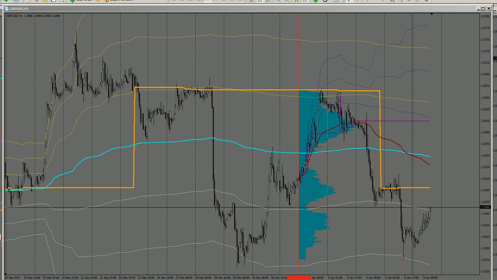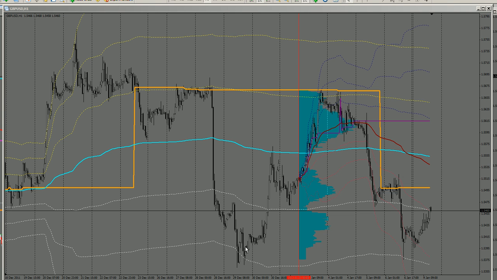It will be interesting to see how cable does in the next couple of days. If you look here at the volume distribution, you can clearly see we had nice levels to go long or short. We had the price moving below the volume peak. We got a nice short area here. Here we got also near the average a nice long area. Then we got the fall to the 2 times the standard deviation.